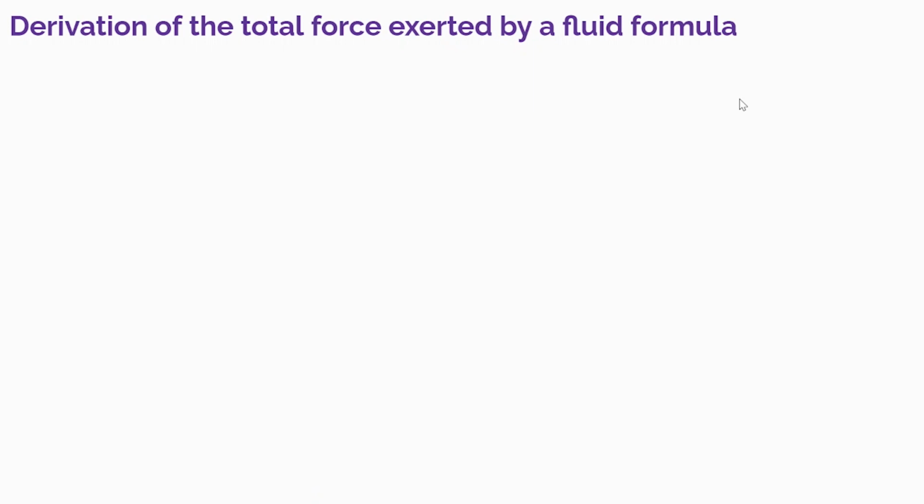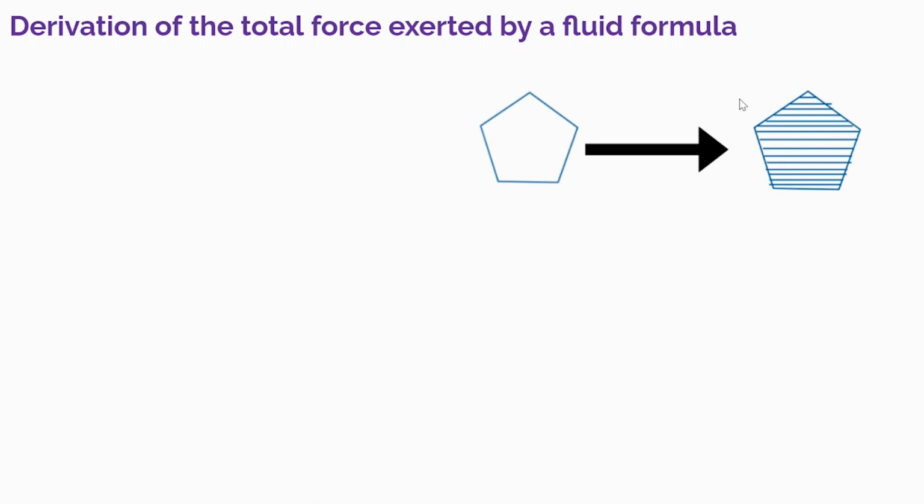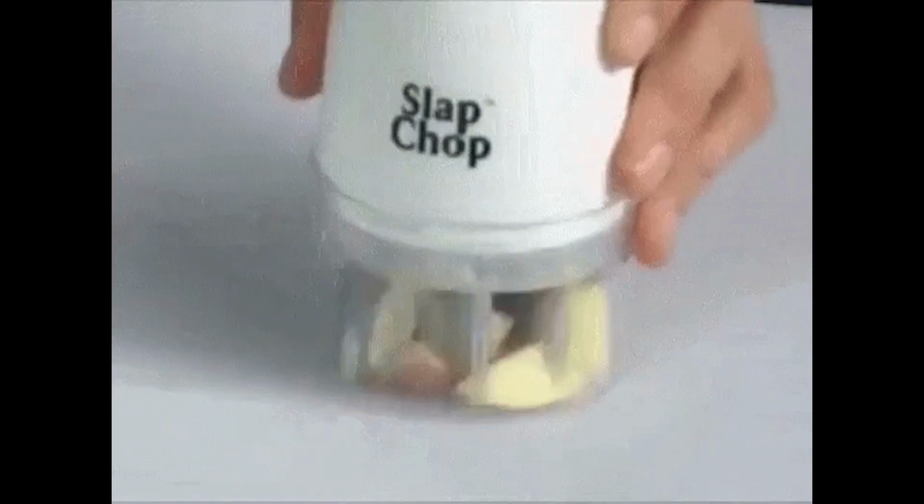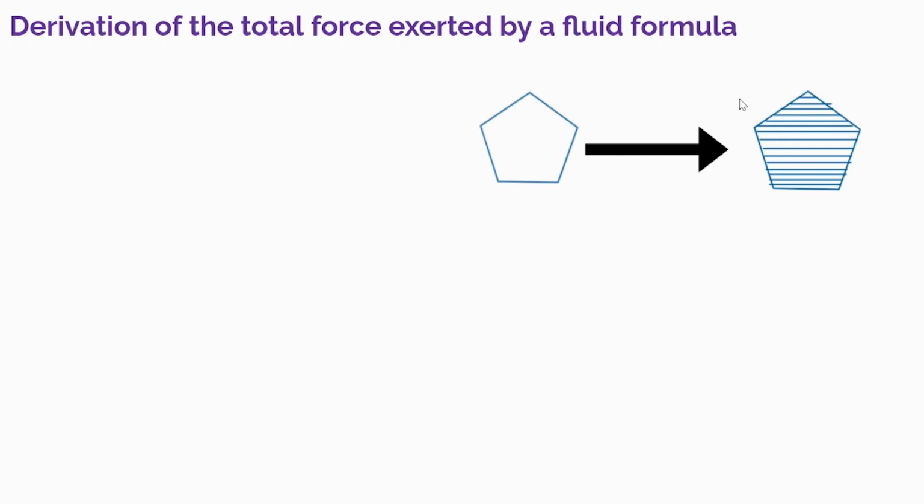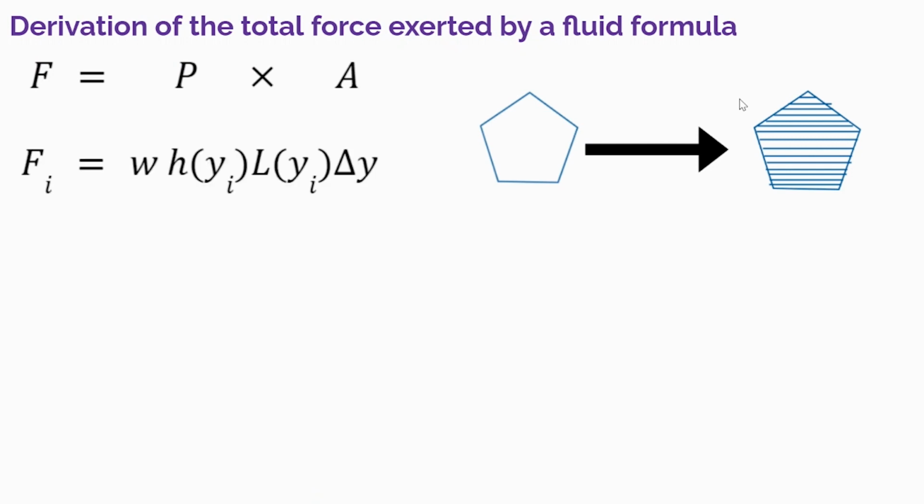that we can use to find the force exerted by a fluid. And we start off a little conceptually by getting an object or a shape and then chopping it up into a ton of tiny rectangles. And then we can use our basic physics formulas that we learned earlier, F equals P times A, and find the force on just one of these tiny rectangles.